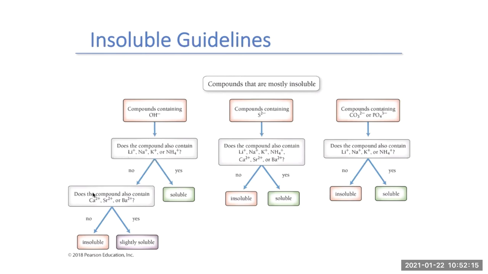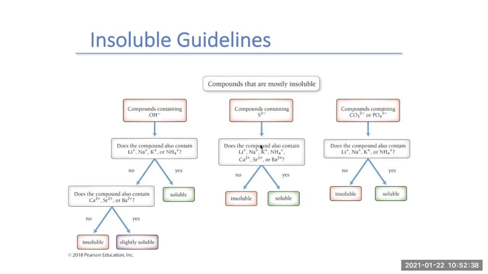If it's our heavier group 2, so calcium, strontium, barium, those will be a little bit soluble, but not much. Anything else will be considered insoluble. Same thing for sulfides. Sulfides are generally insoluble with these exceptions.